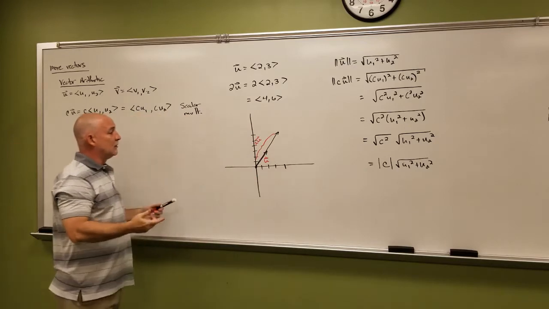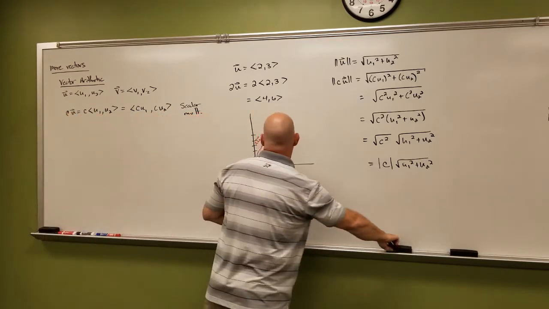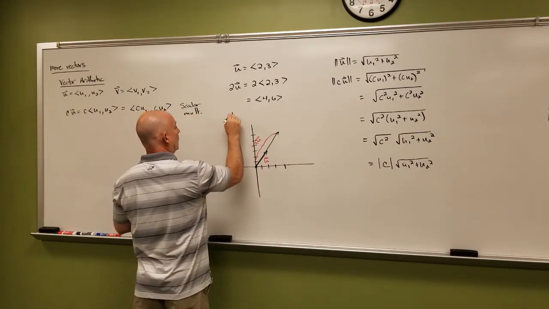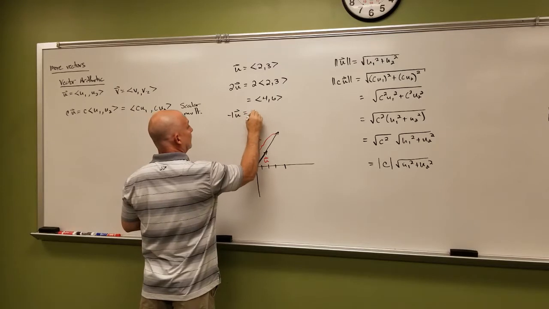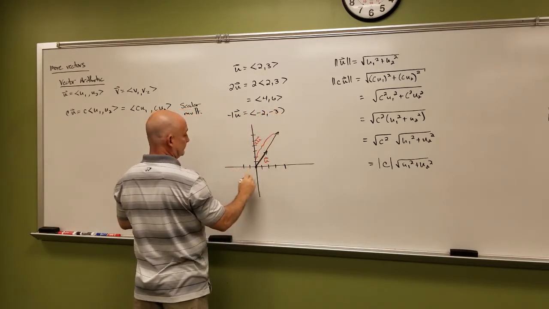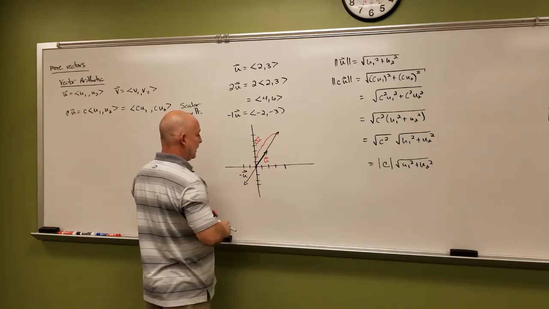Now where this gets a little bit confusing, and I'm going to stick this right here in this picture: what if we would have done -1 times u? Well, that would be -2, -3. That would actually point down here. That would be -u.